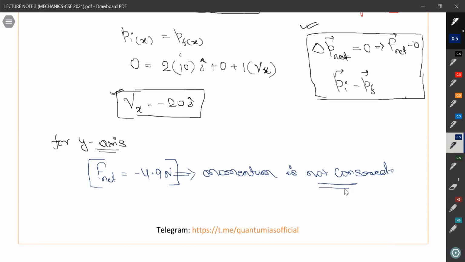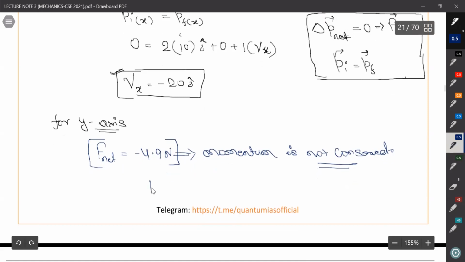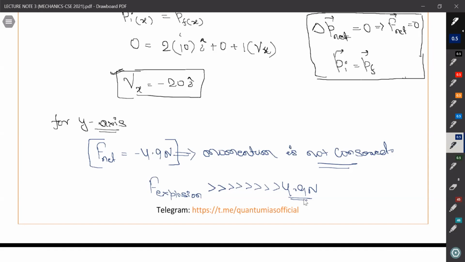But we can say one thing here, that F of explosion is much greater than 4.9 Newton. I think you know that, right? When a bomb blasts, the force that makes it blast is much larger than this 4.9 Newton, that is 5g.